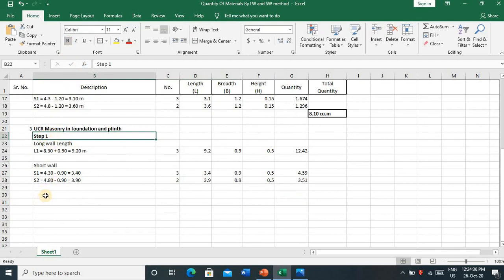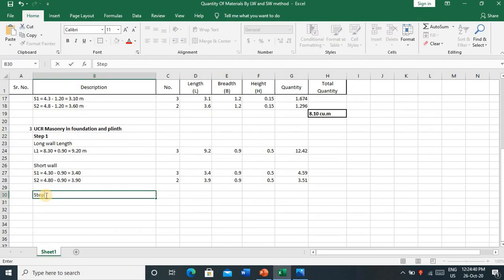Now for step 2, again you have to calculate. I won't explain again and again, I will just write. You will get the idea how the values are coming.